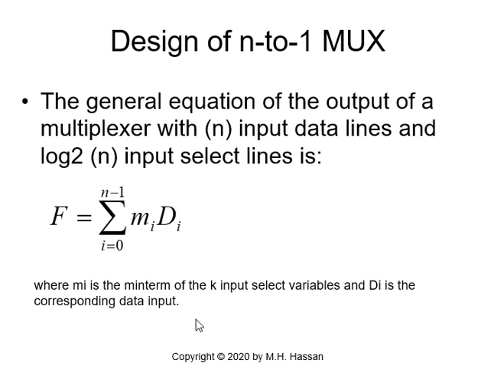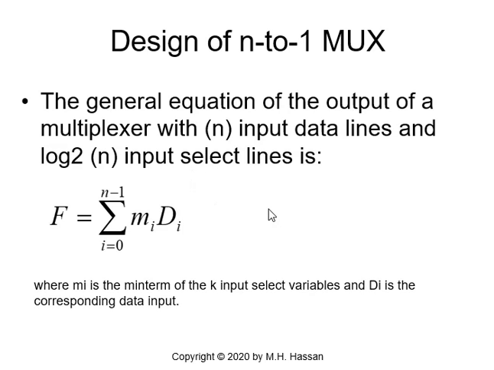How about if we would like to design an n-to-1 multiplexer? Well, the general formula for F is this. We have n input data lines, one output, and log base 2 of n select lines.